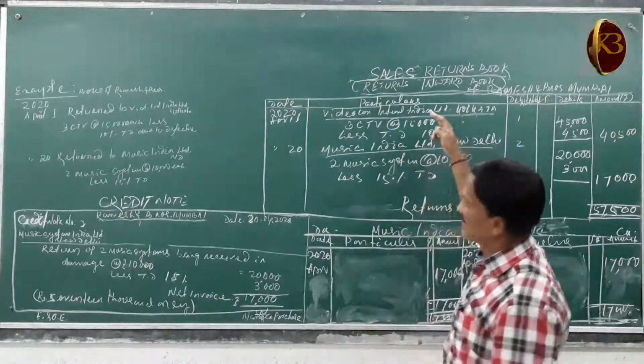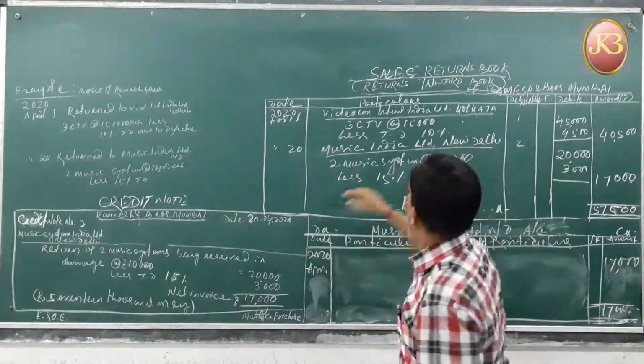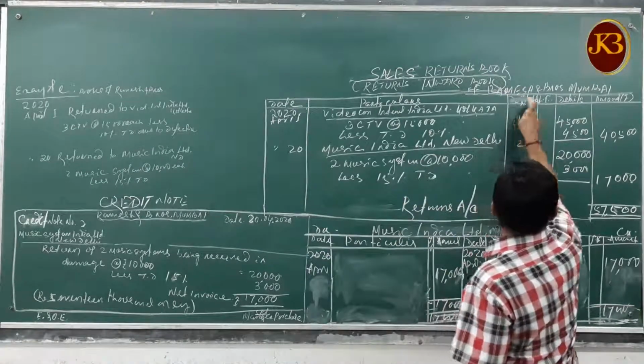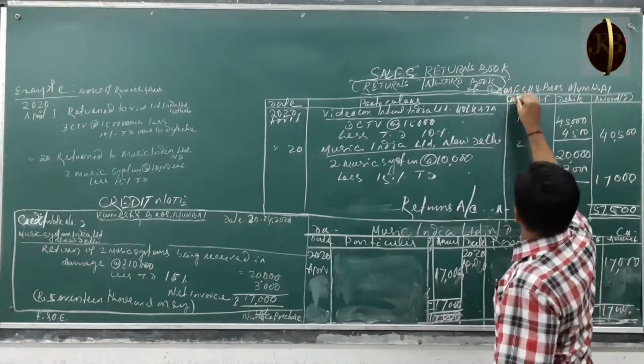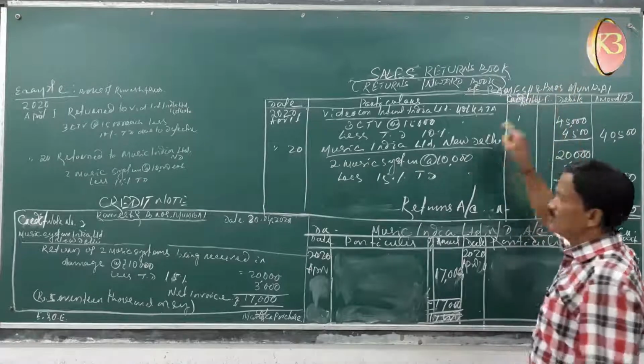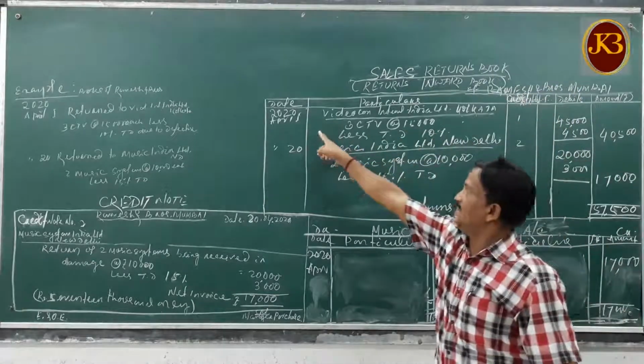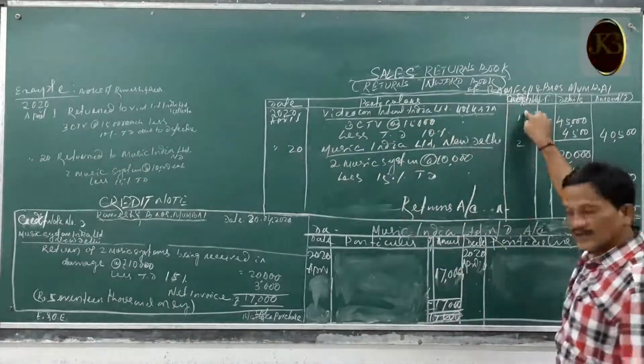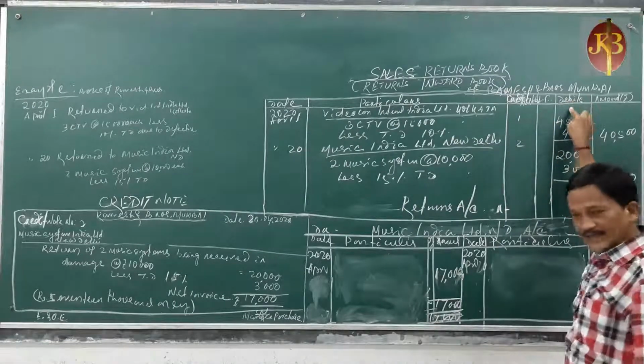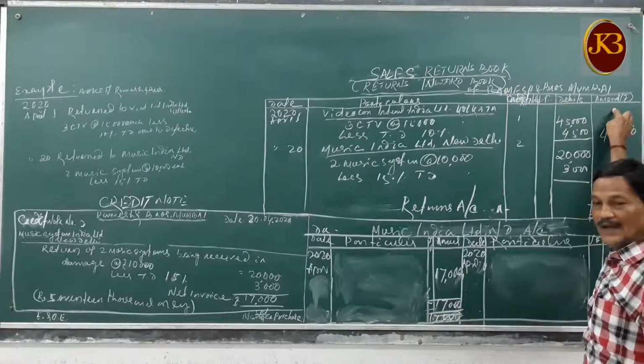You have to enter here the credit note number. This is the format: date, particulars, credit note number, then date, details, then the amount.